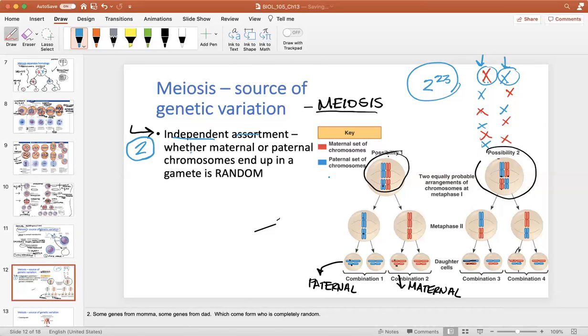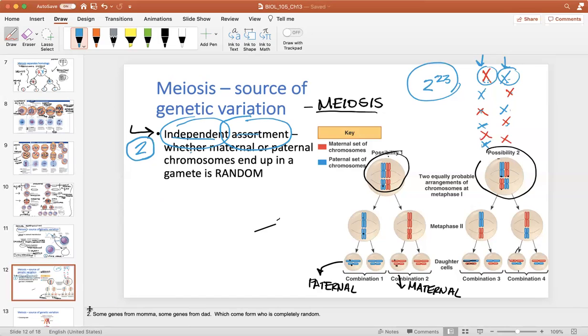Number 2 has to do with even within the same 2 individuals. Like my husband and I have 3 children. Those 3 children look quite different from one another because of this right here, this idea of independent assortment, where each of my egg cells was a little different from the other because my chromosomes lined up differently during meiosis, okay?